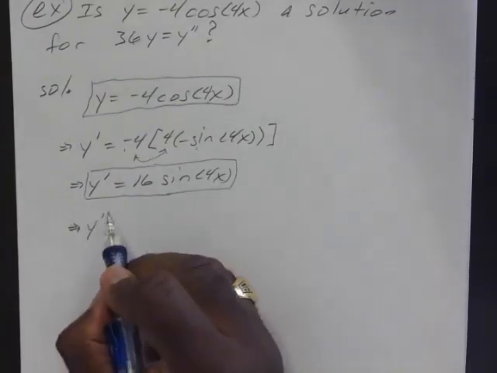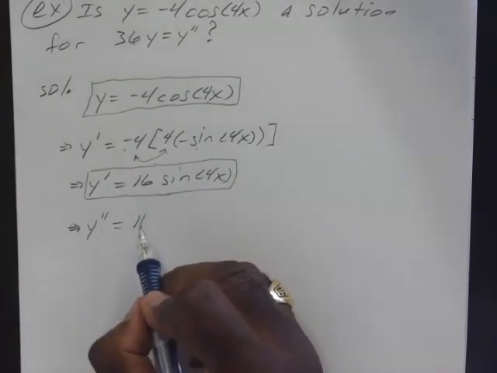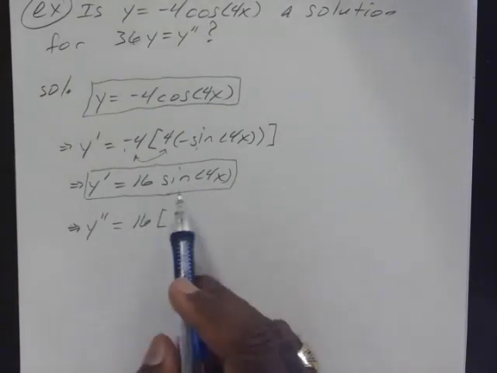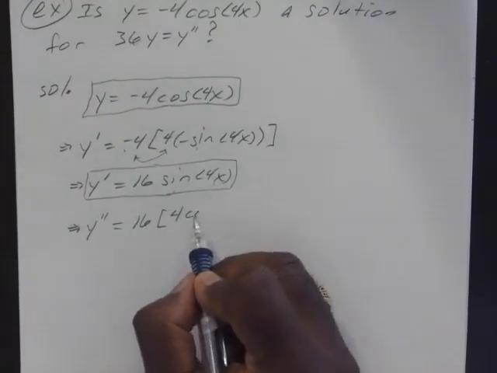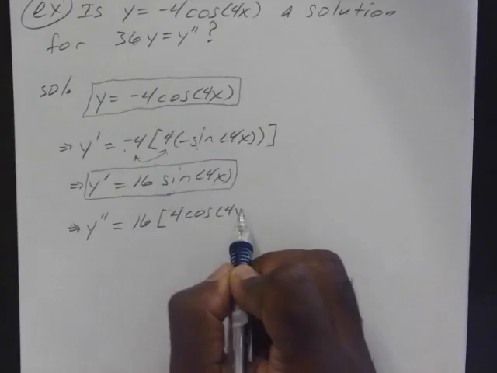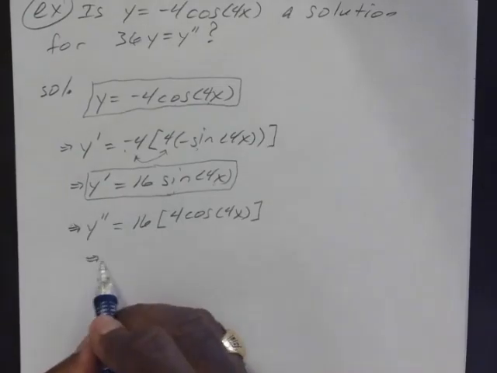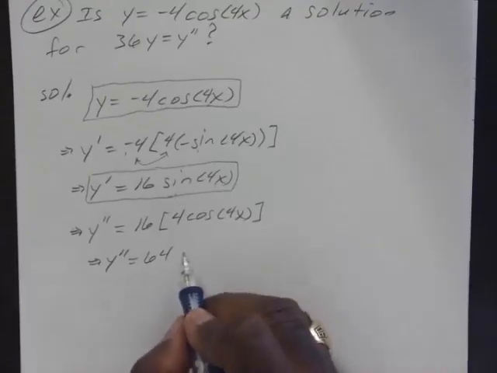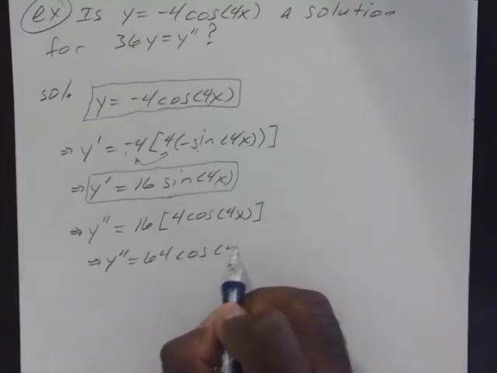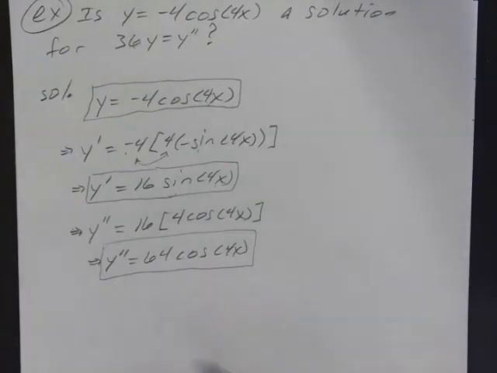And we know that the second derivative is equal to 16 times the derivative of sine of 4x, which is just 4 times cosine of 4x. So we know that the second derivative is equal to 64 times cosine of 4x.